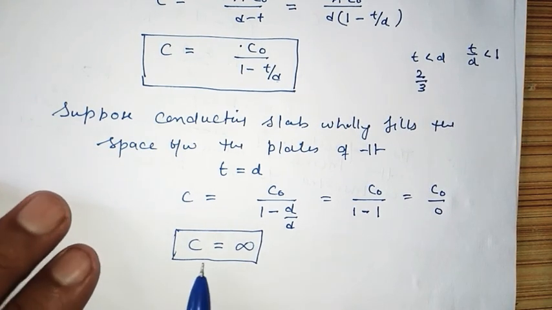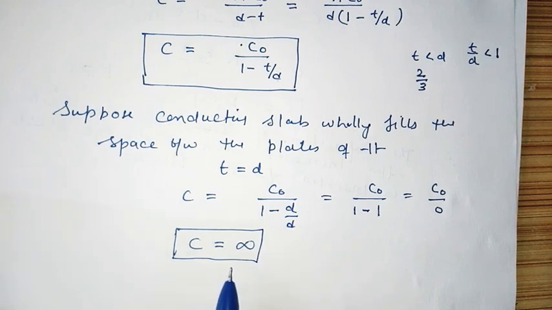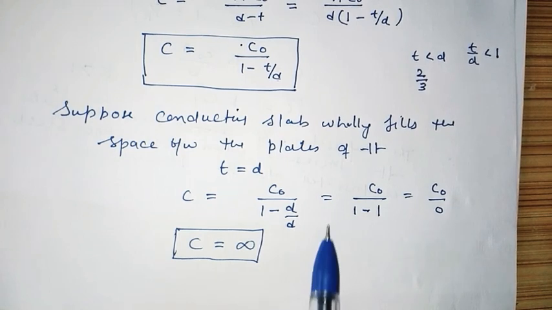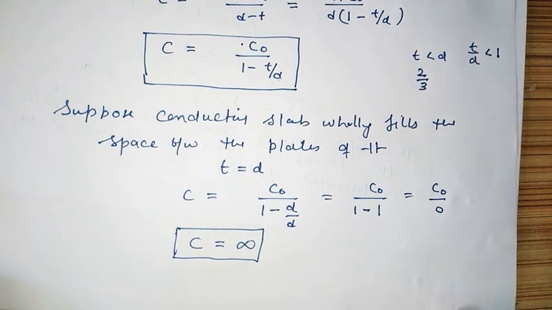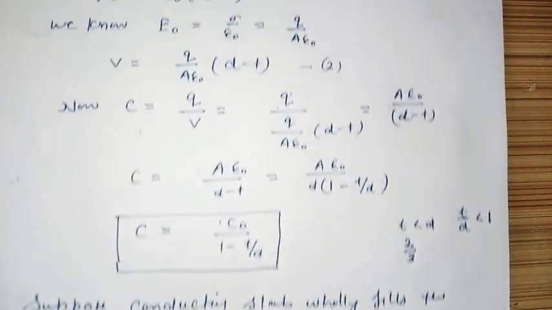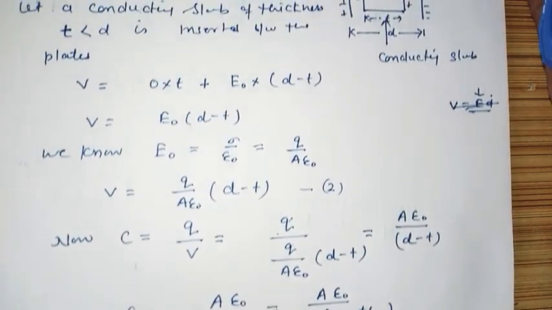So it means the capacitance of the parallel plate capacitor becomes infinity when the conducting slab fully fills the space between the parallel plate capacitor. So you can prove it now that the capacitance of a parallel plate capacitor increases when a conducting slab is introduced.